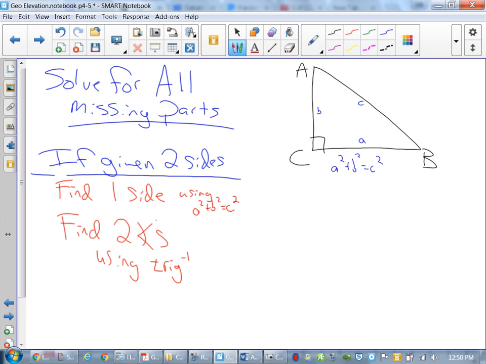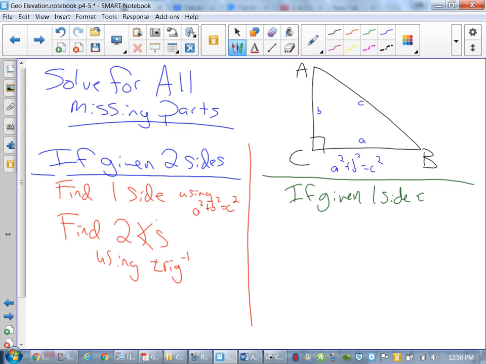And then the other one is if you're given one side and one angle. If you're given one side and one angle, well, how many more sides do you have to find? Two.